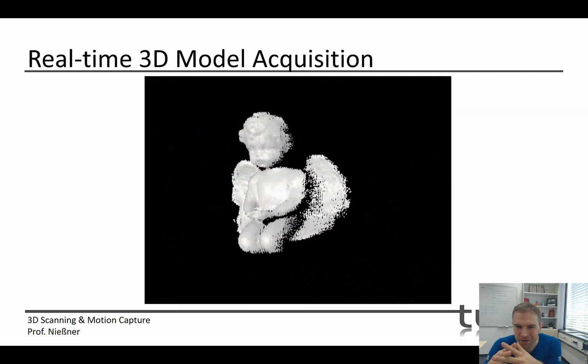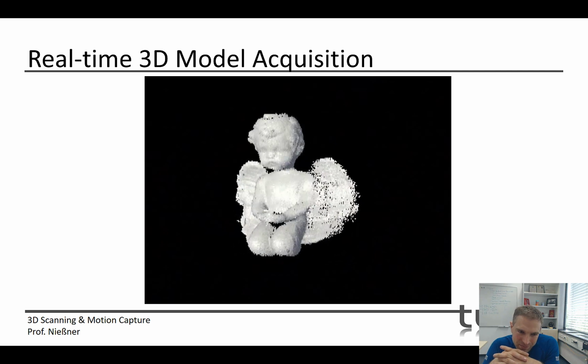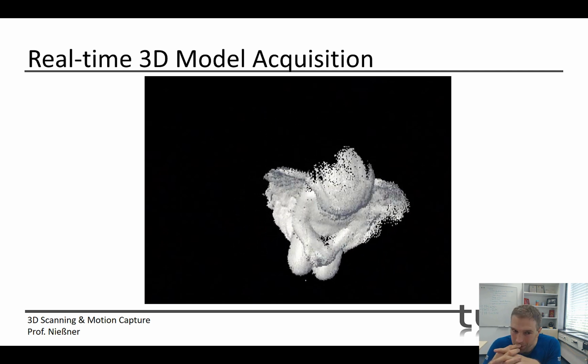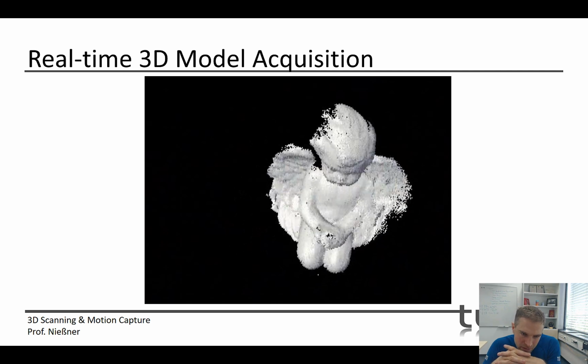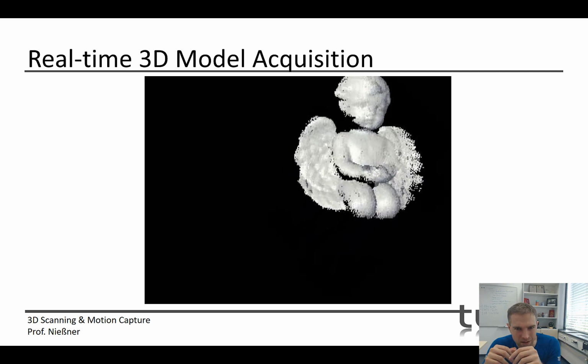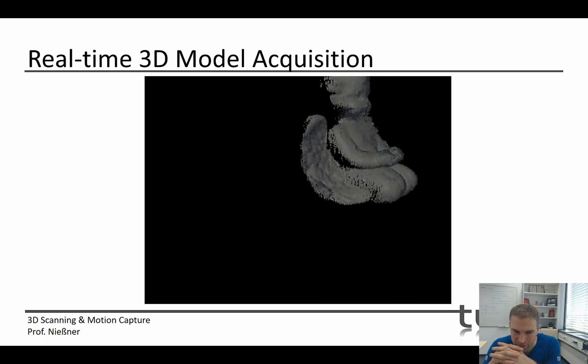And this is their real-time version of this ICP here. So they're tracking it, and then they're updating the surface with volumetric fusion. Right, this was 2001. This is already early 2000s. It was already a while ago.